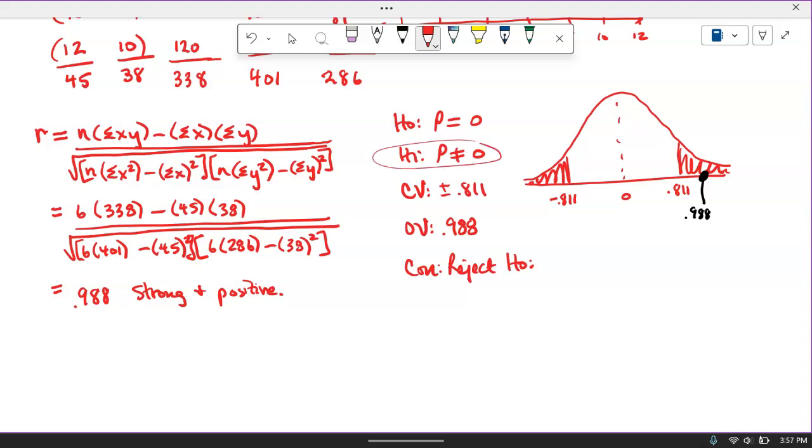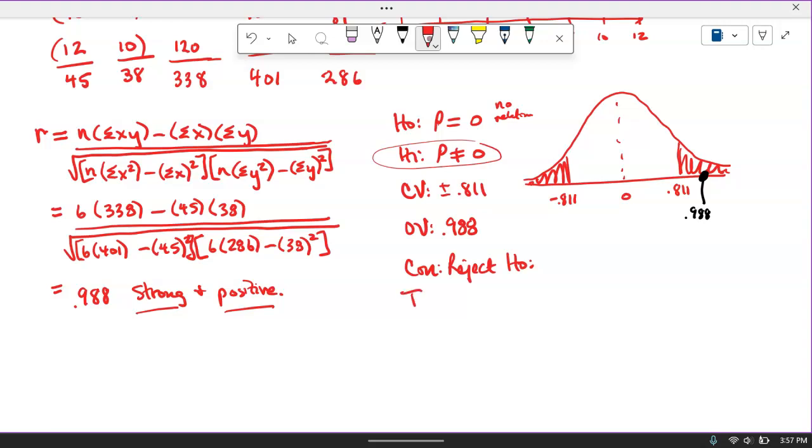Now, we talked about the fact that rho, or the Greek letter version of r, the correlation coefficient, equaling 0 means that there is no relationship. So if I don't agree with that, I'm agreeing with the opposite. That means that there is one. And luckily, we've already talked about and twice confirmed that this one has a strong positive relationship.